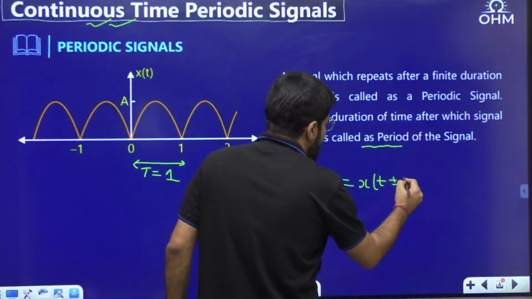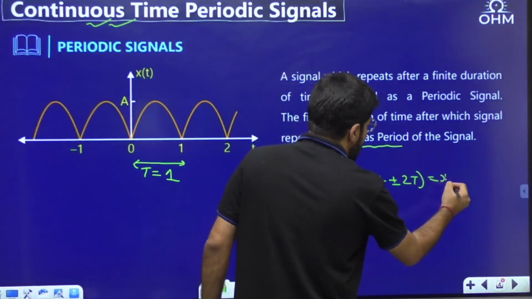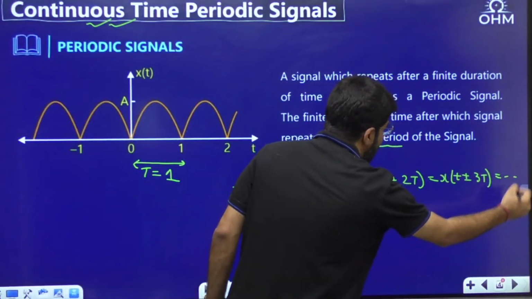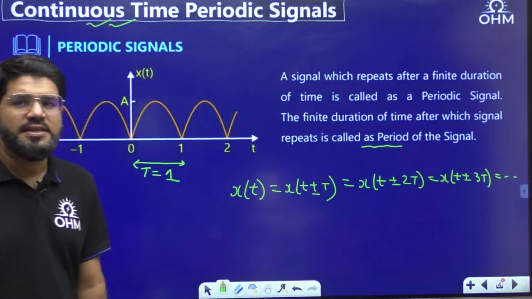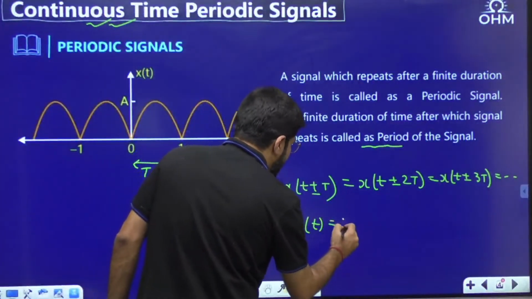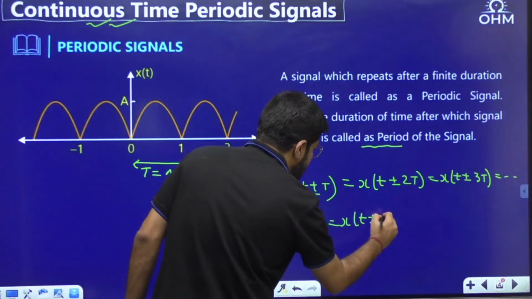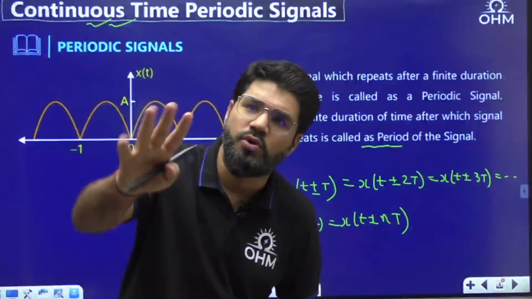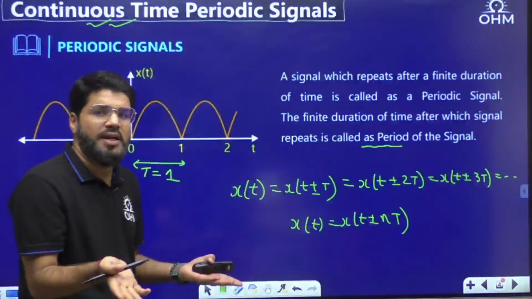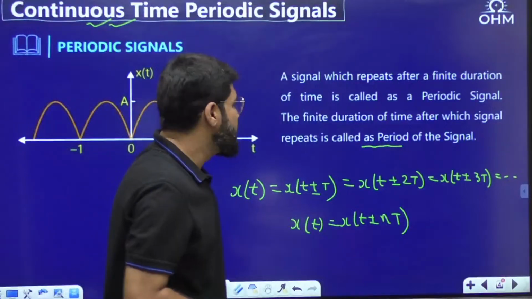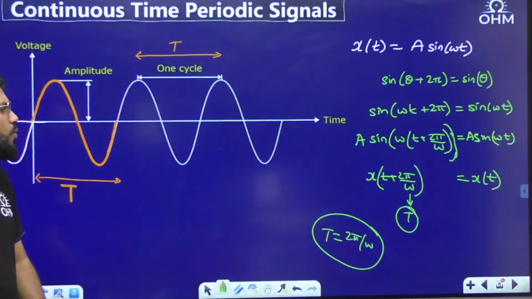So x(t) equals x(t plus or minus 2T), equals x(t plus or minus 3T), etc. In general I can write x(t) as x(t plus or minus nT). If the value repeats after T, it will repeat at 2T also, 3T also, 4T also. Any of them can be known as a period, but the fundamental period will be the smallest value of time at which repetition occurs. Like here it is equal to 1.